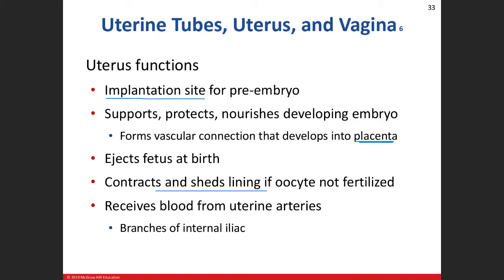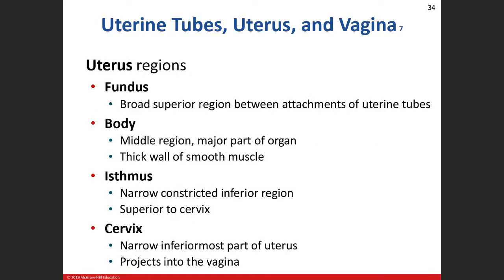Before we get into the actual layers of the uterus, I do want to talk about, just a quick review here, the parts, the regions of the uterus. The fundus is the superior-most portion there at the top. You'll find it in between both of the fallopian tubes there. The largest portion of the uterus is the body.